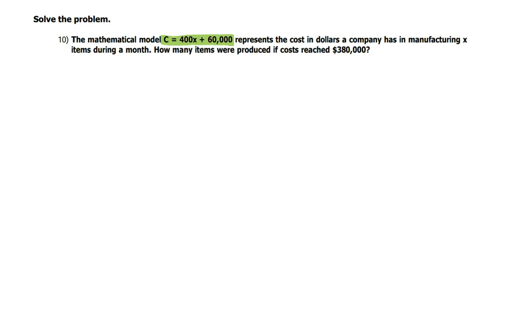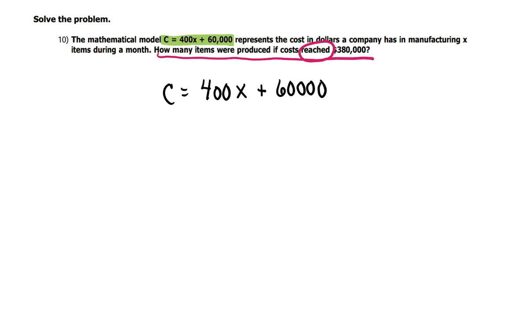How many items were produced if costs reached 380,000? So our formula for cost is C equals 400x plus 60,000. And they said how many items were produced if costs reached 380,000.